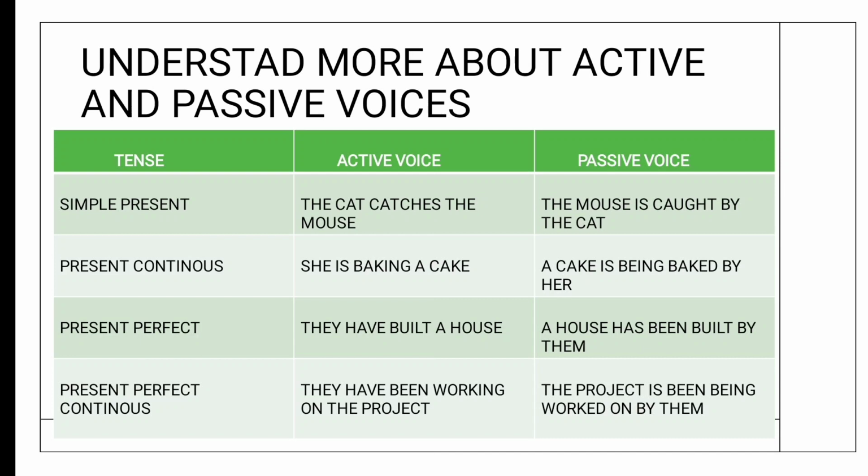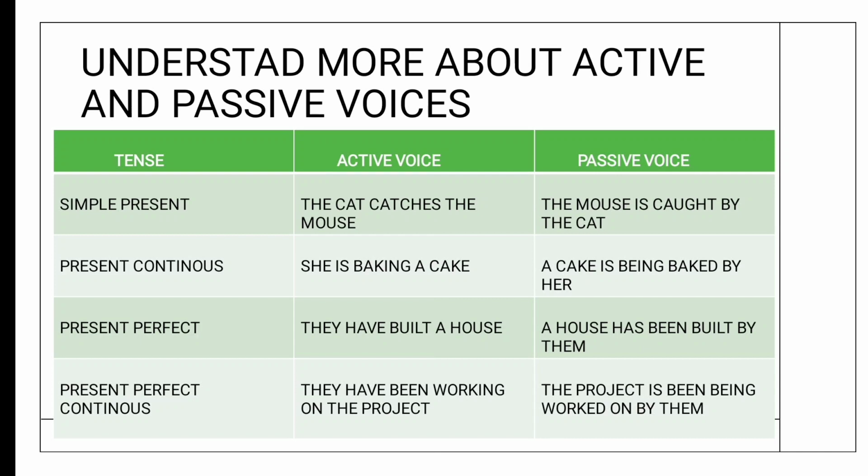V1 will convert into V3 when we are converting any sentence into the passive voice. So the V3 form of work is worked. Working on will convert into worked on. By, definitely we have to add by. Next, they will become them. They have been working on the project will become the project has been being worked on by them.